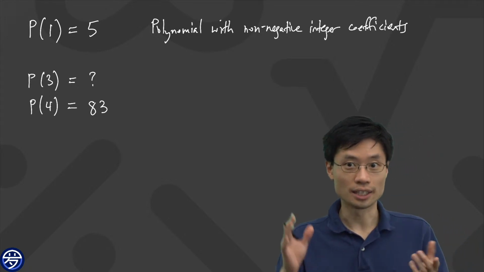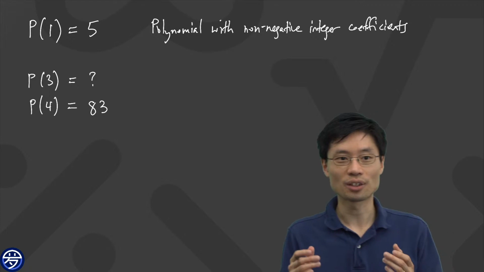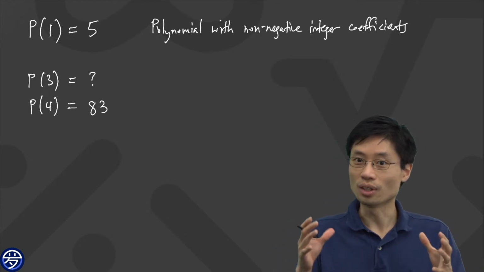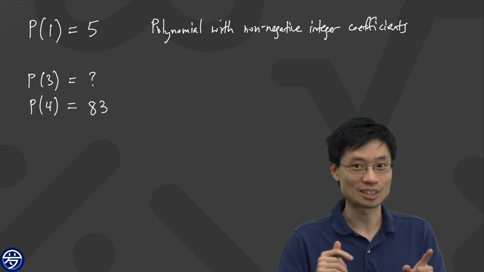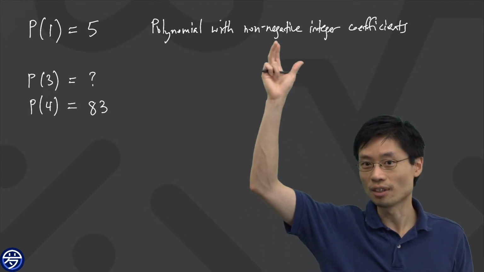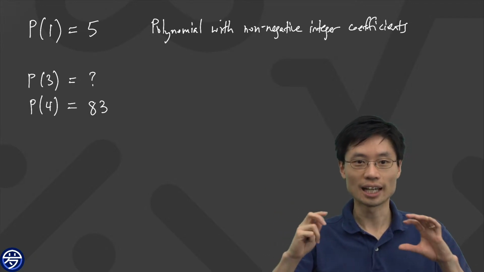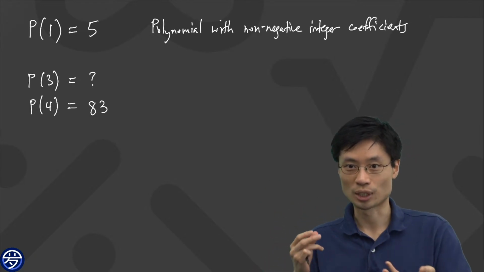Now, that's an interesting restriction, because if you have a polynomial with non-negative integer coefficients, now we don't have that much freedom. So I think we can solve this. You see, because if I have non-negative integer coefficients, I can't add stuff and then subtract it away.